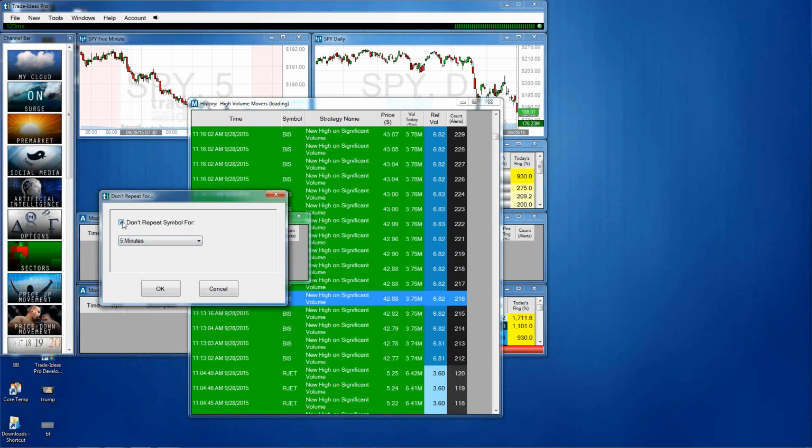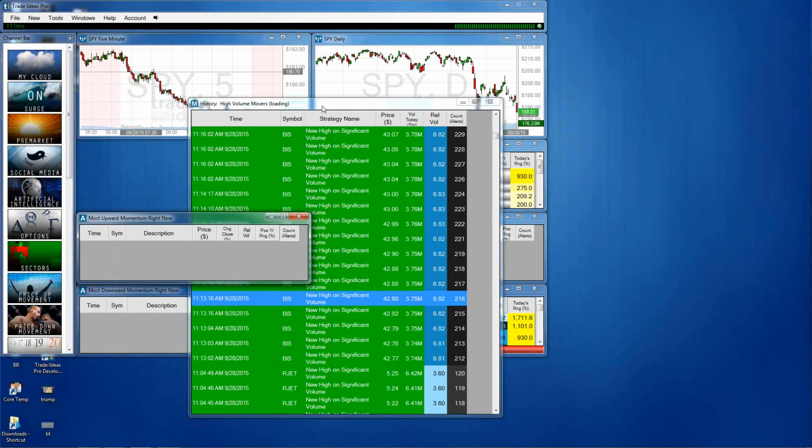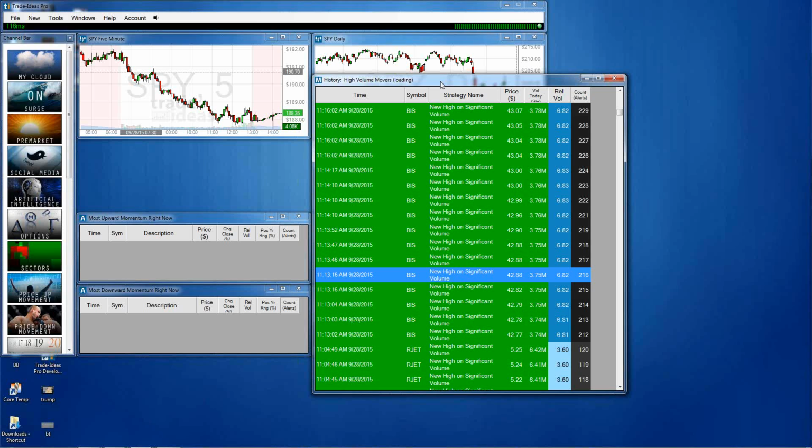So you do have a little bit of control over the repeats there. So in essence, the multi-strategy window was designed originally to help people maximize their screen space, because obviously as traders, no matter how much screen space we have, it seems like it's never enough.